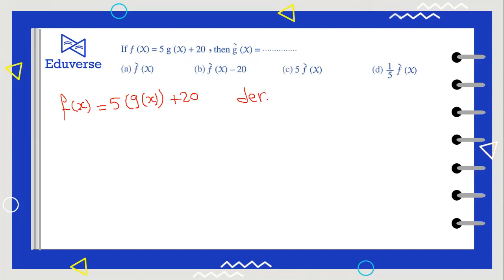Make a derivative. f dash equals 5 as it is, and the derivative of g. 20, its derivative is 0, it's a constant. Here I want to find g dash. 5 goes to the other side by division.